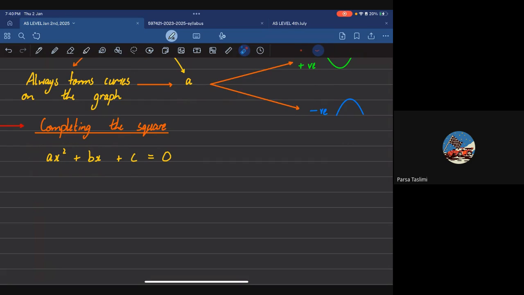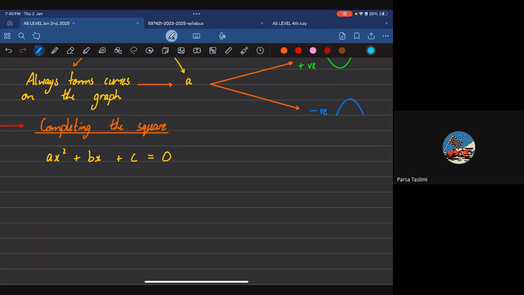Whatever example you do can be compared to this general formula, because this is a much easier version of it.